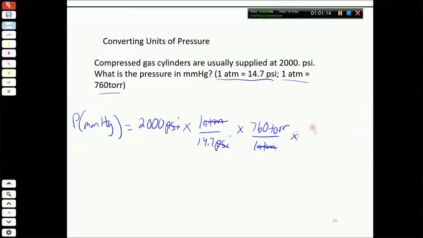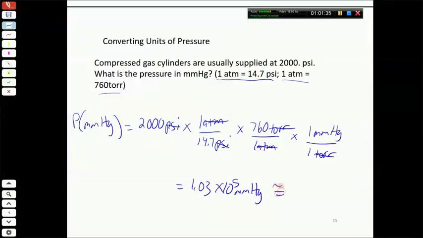And then 1 millimeter of mercury is equivalent to 1 torr. So in a trivial conversion, we can convert torr into millimeters of mercury, because those are equivalent units, as we said. And so what this comes out to is 1.03 times 10 to the 5th millimeters of mercury, which is approximately equal to 100 meters of mercury.